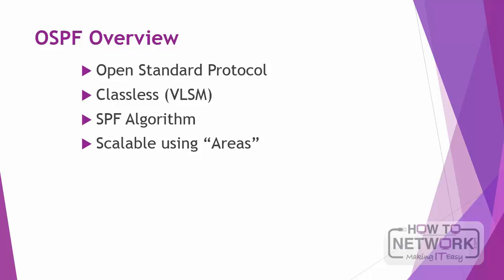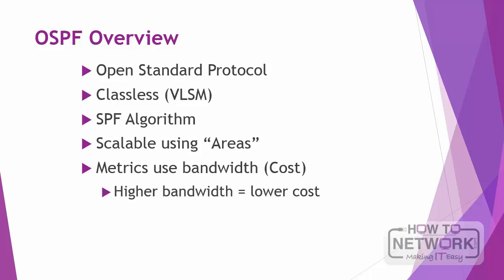OSPF takes bandwidth into consideration when calculating route metrics. In OSPF, it's considered the cost. A higher bandwidth generates a lower cost, and lower costs are preferred in OSPF. OSPF supports authentication, just as EIGRP and RIP version 2 do. OSPF is also very extensible.